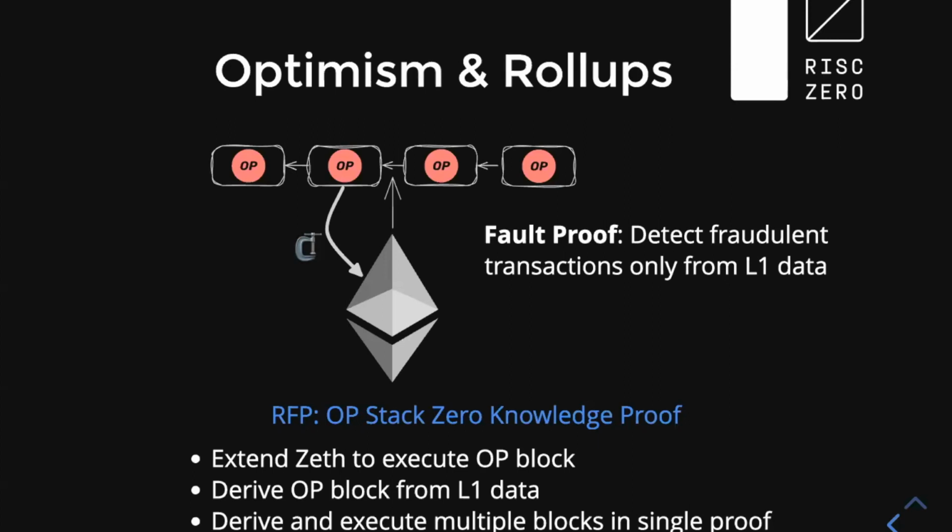And there are tricks you can do. For example, if you want to have a ZK rollup, you're not interested in having a proof for every block. You can join 1,000 blocks, and then either the whole batch is valid or not.